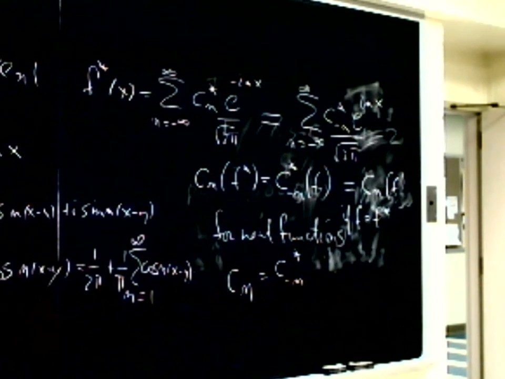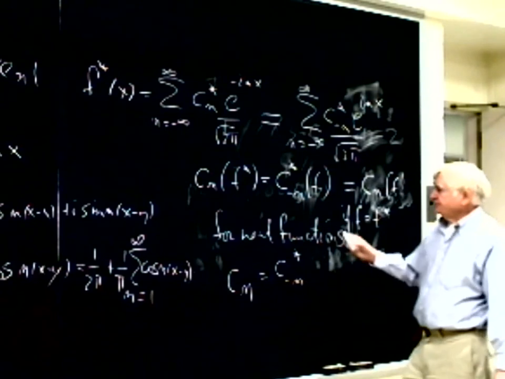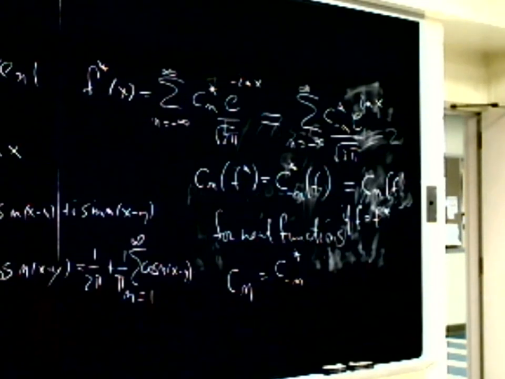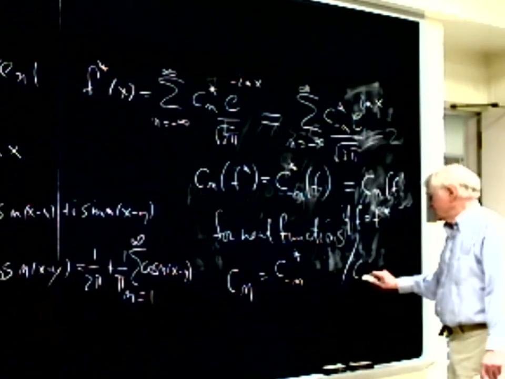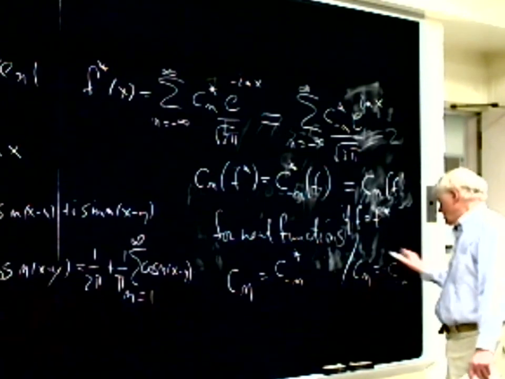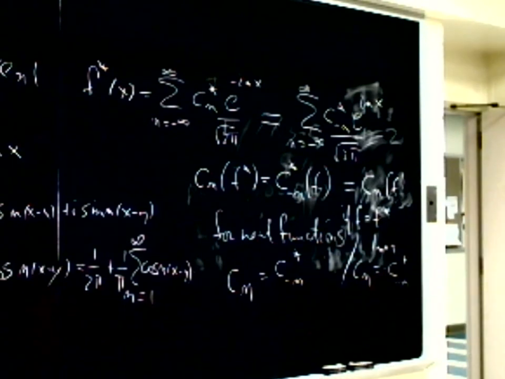On the other hand, for imaginary functions, f star is going to be minus f, and so what we have is Cn is equal to minus C minus n star for imaginary functions, because f is equal to minus f star, and Cn for minus f is minus Cn. Anyway. All right, any questions?